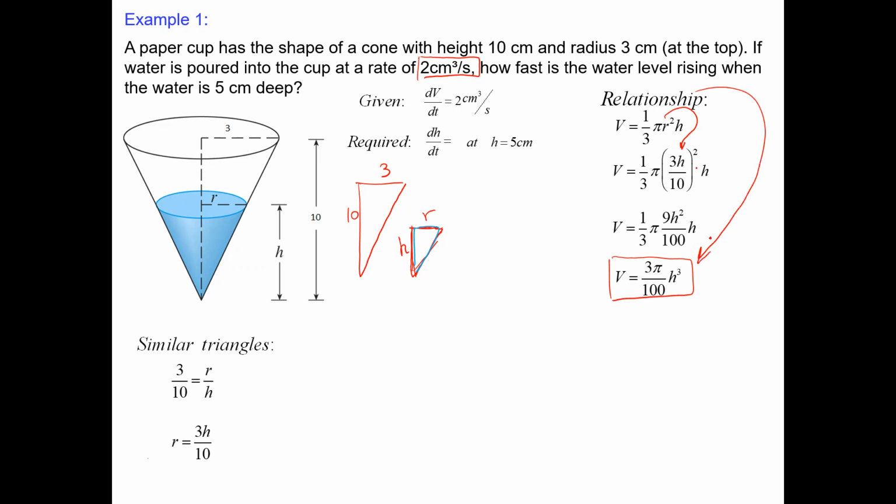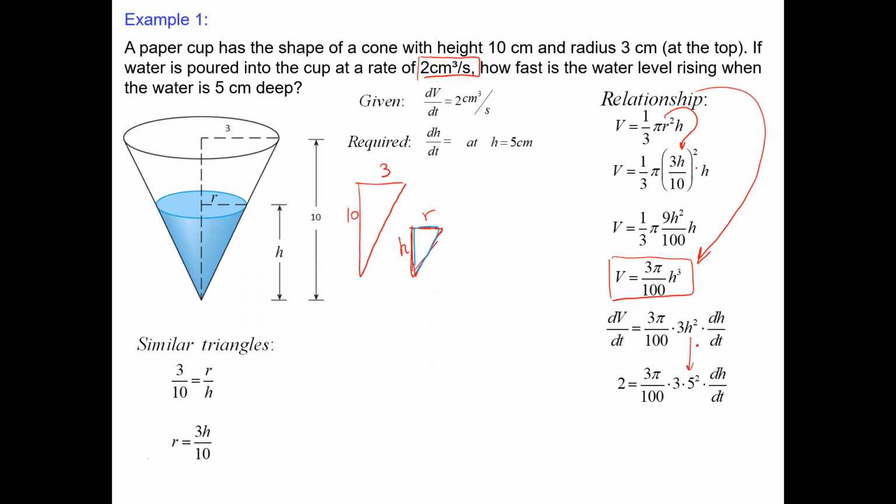Let's differentiate, with each quantity being a function of time. dV/dt, that's the rate of change of the volume with respect to time, that's constant. Now h cubed. The derivative of h cubed is 3h squared times dh/dt. Now it's the moment to substitute everything: the rate of change of the volume, and the height is 5.